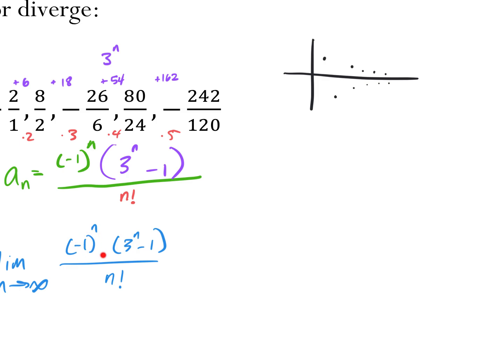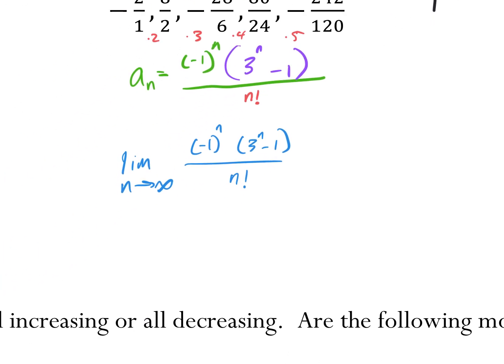But in the back of our heads, if it's alternating around 0, but getting closer and closer to 0, the limit still exists. Are we all on the same page here? Okay? So let's ignore this and say, does this limit equal 0?